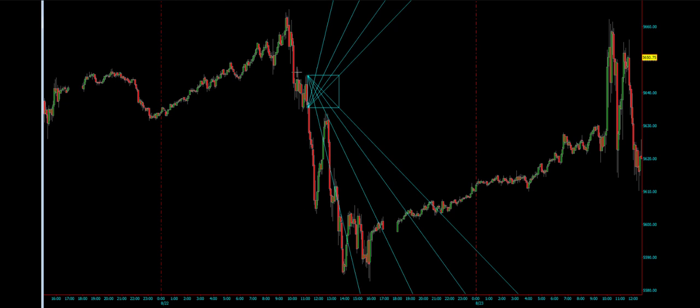This is the segment which was broken, and we did see that it is going to retrace here. Now if you look at the square, we have squared this. We're going to use it at various bar types. This is a demonstration of, okay, this area was congested, it was a balance point, it was broken.